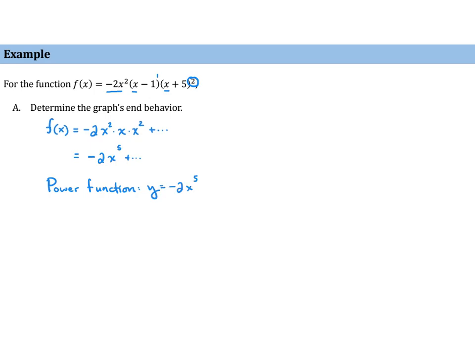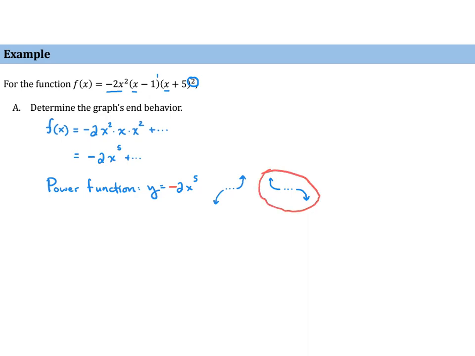And that's an odd degree. So with an odd degree, we know that our end behavior will look like this or like this. How do we know which one it is? Well, it's a negative leading coefficient. So that narrows it down to this one.